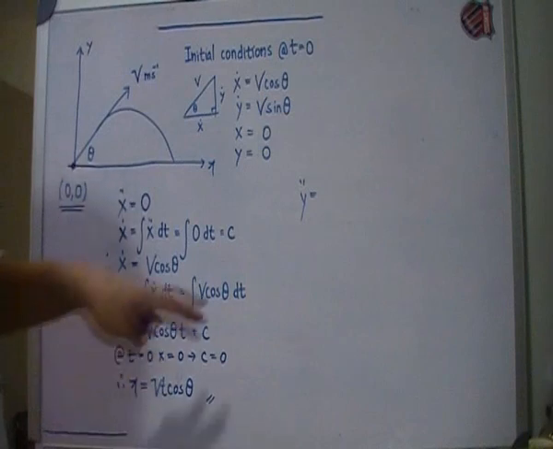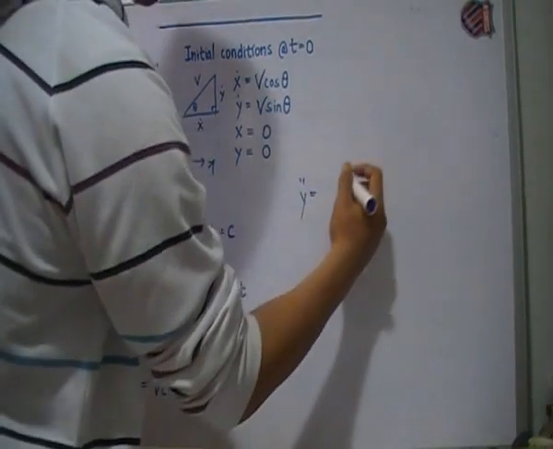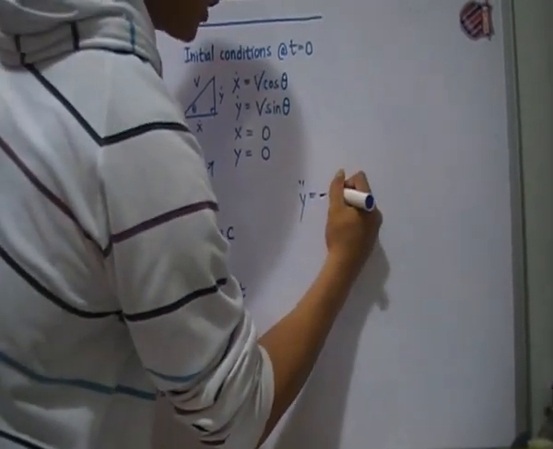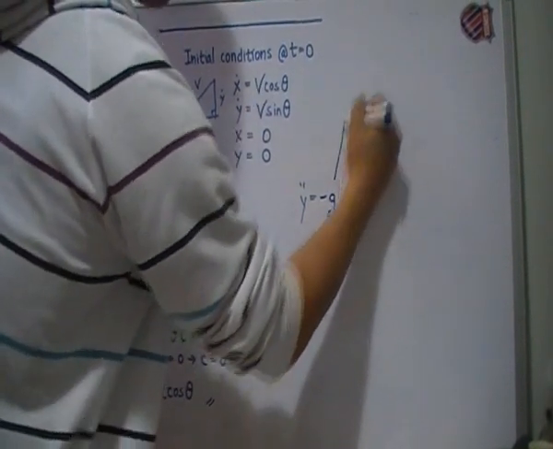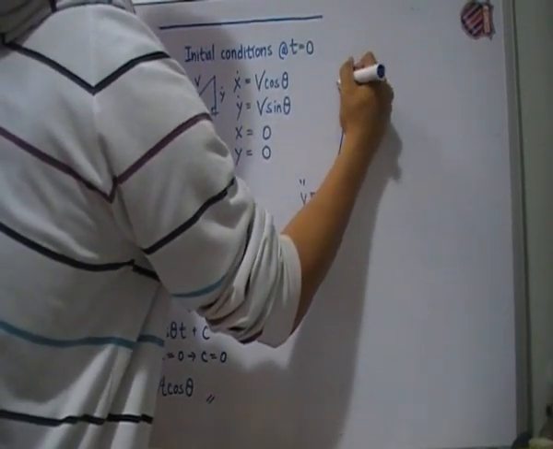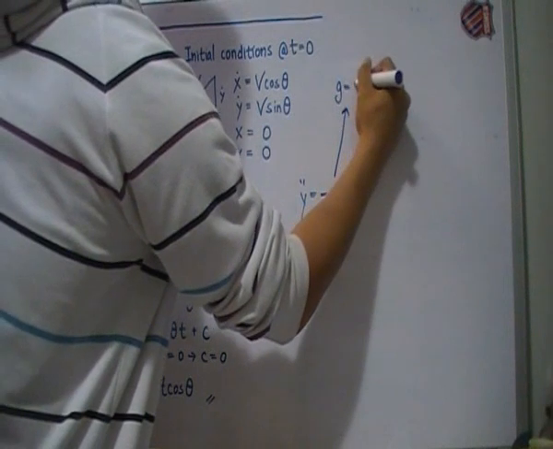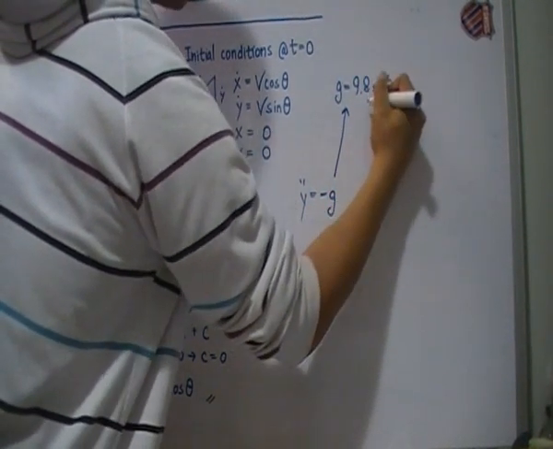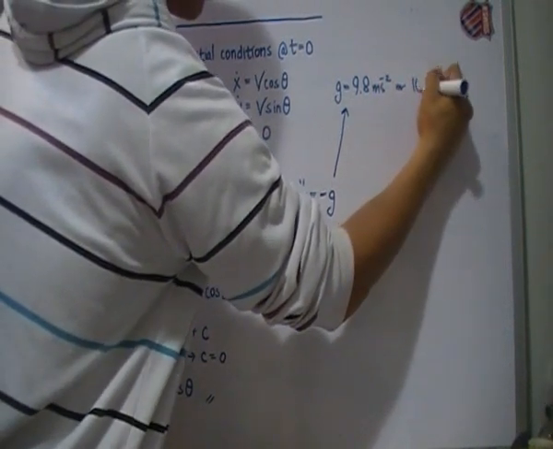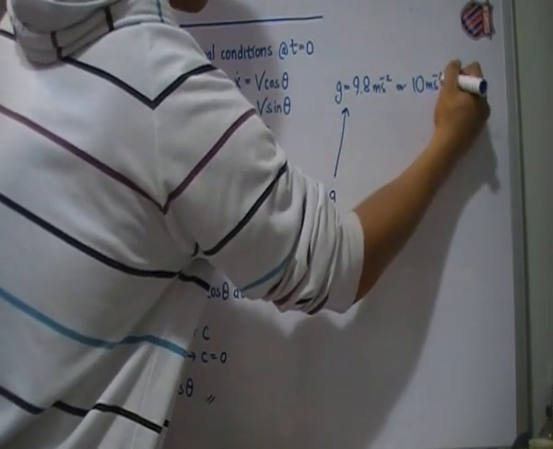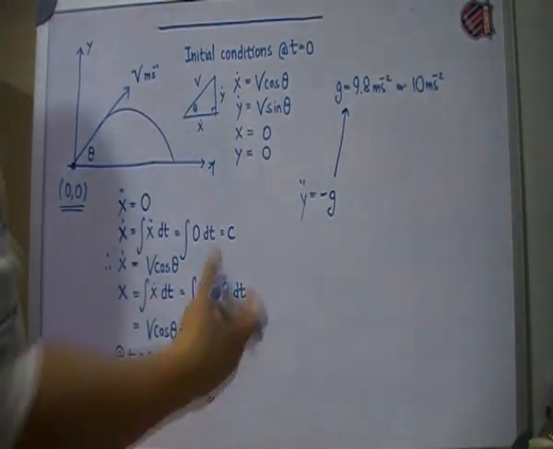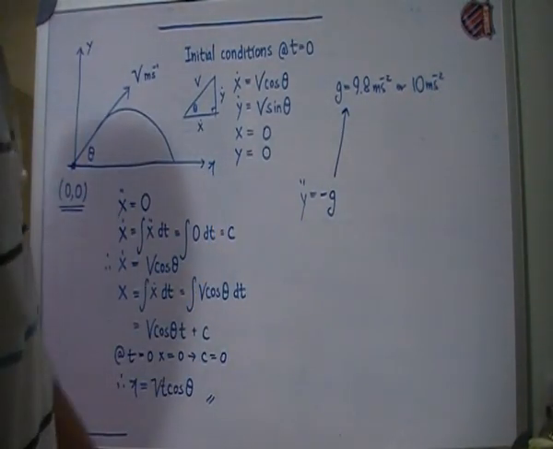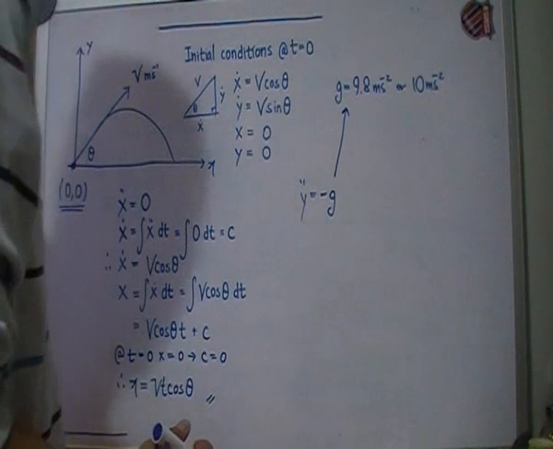So normally you're going to be using minus g. Questions will tell you g equals 9.8 metres per second squared, or 10 metres per second squared. For my example, I will just start off with a generic minus g for gravity.